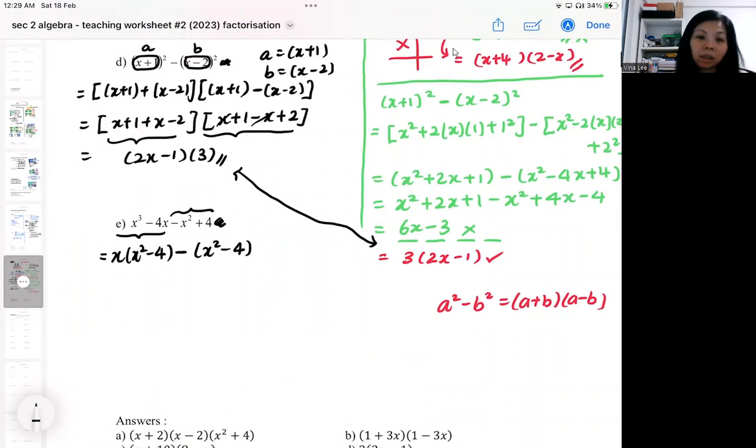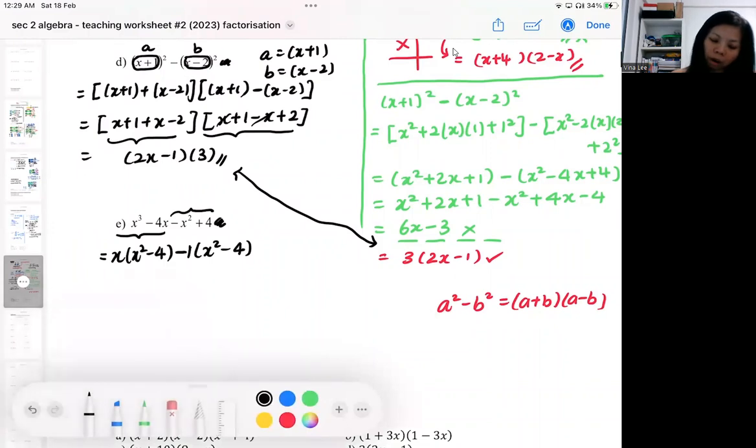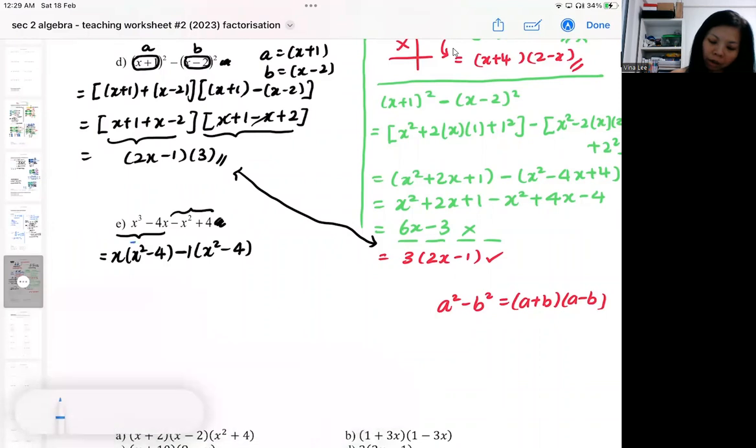You realize this is a little bit like grouping. When you do the grouping and you find a common bracket, that means your grouping is correct. So there is a common bracket for you to factorize out, and you are left with x minus 1.